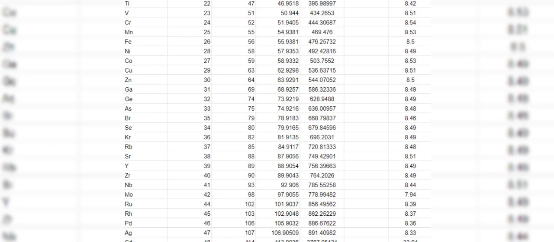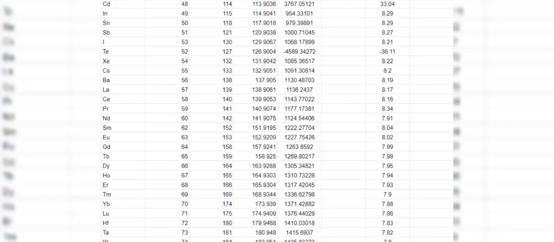Then the others increased. However, when they reached the elements Te to Cs, the number fell to negative 4,589.342.72. Then it increased into 1,085.36517.